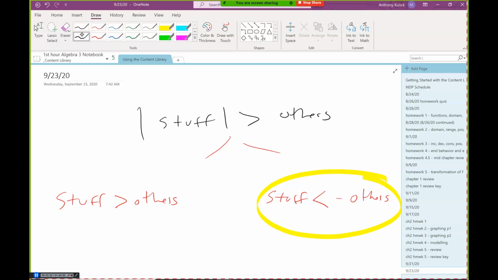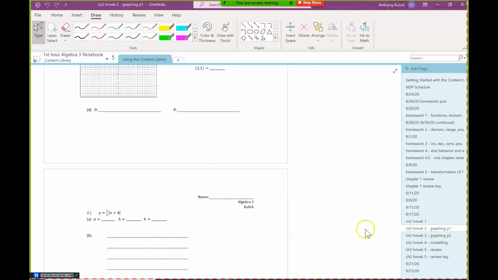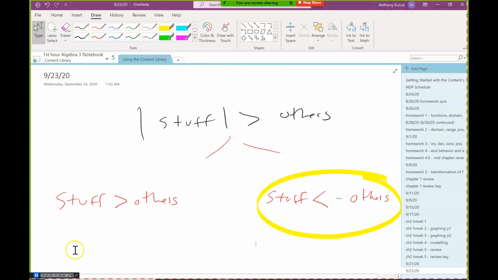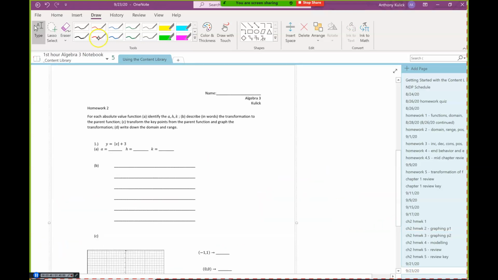Can we do number 1 on homework 2? Absolutely. Yeah, number 1 on homework 2. You just grab the page. So this, we ask you to do a couple of things.